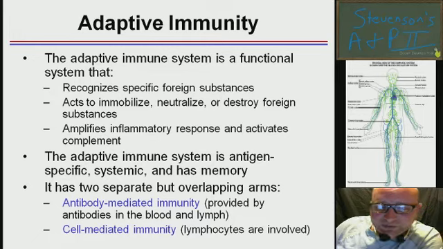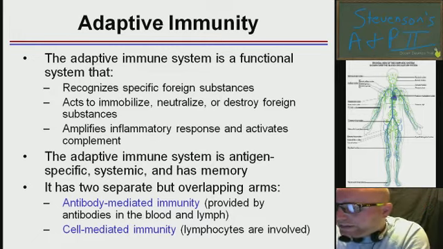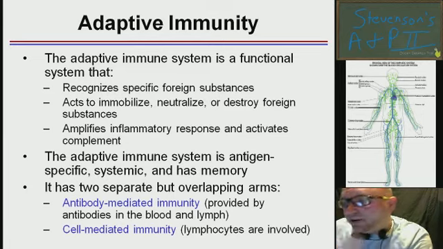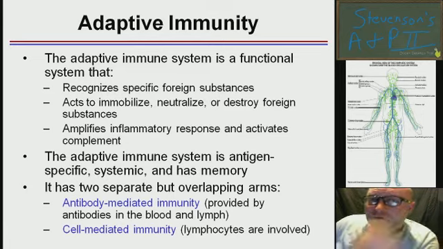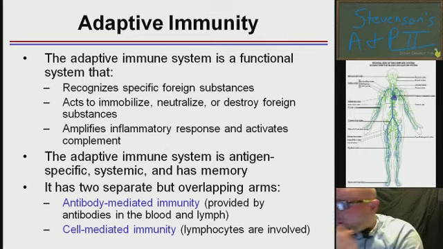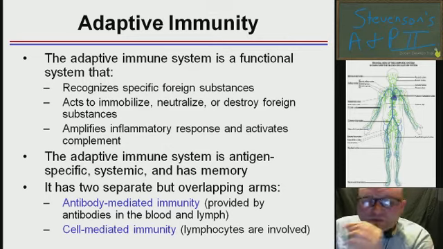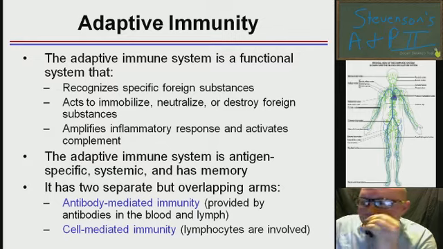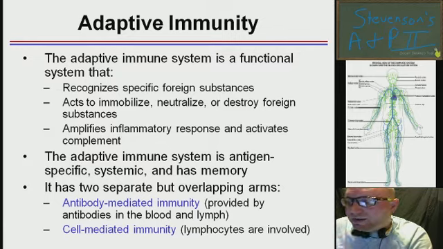Adaptive immunity. Adaptive immunity is a functional system that recognizes specific foreign substances that enter the body, and it acts to immobilize, neutralize, or destroy these foreign substances. It will also amplify the inflammatory response and activate the complement system. The adaptive immune system is antigen specific.